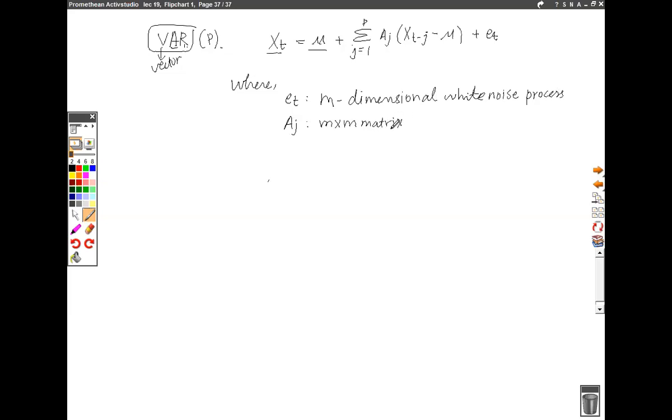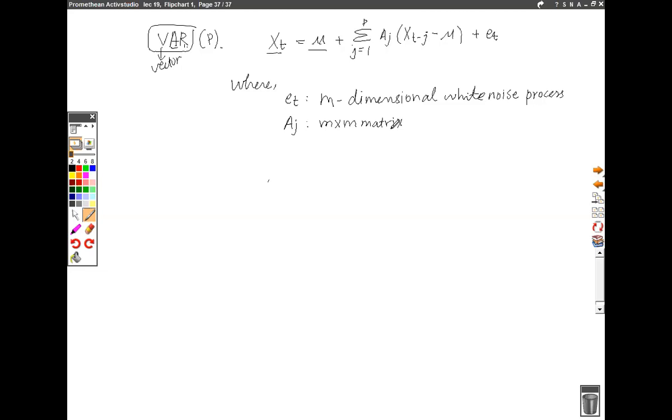And these are just to figure out the coefficients of xt minus 1 through xt minus p. Those will be matrices of m times m. So you know that if you multiply these matrices, you get something which is an m by 1 matrix again.